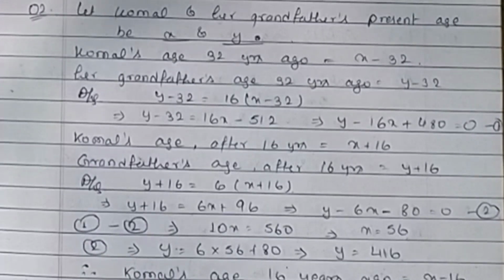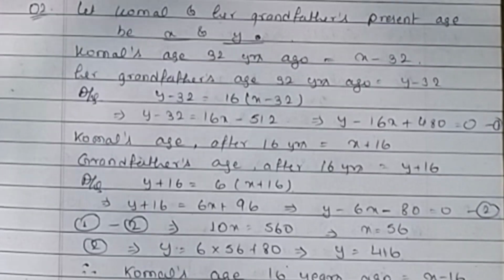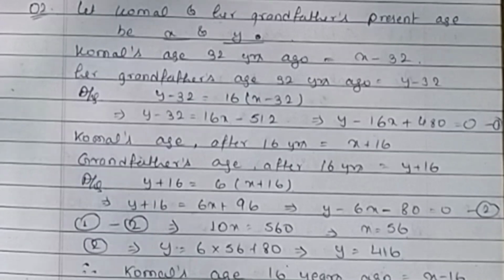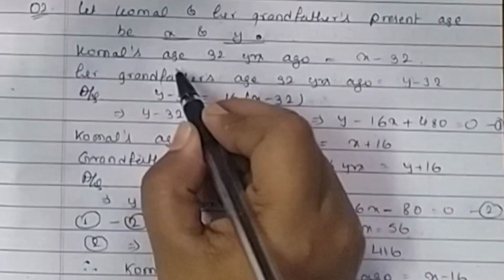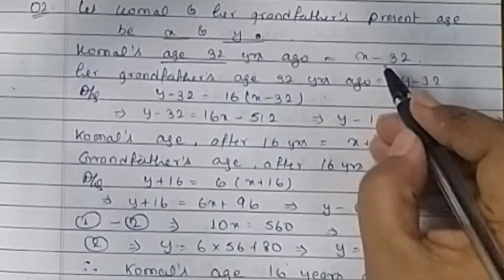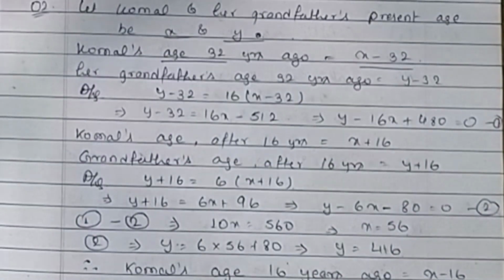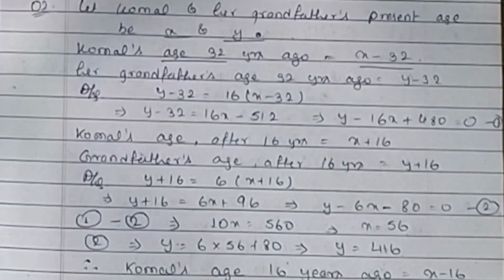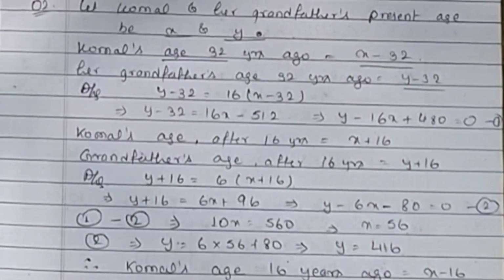To find the age of Komal 32 years ago, we have to subtract 32 years from her present age. So Komal's age 32 years ago will be x minus 32. Similarly, her grandfather's age 32 years ago will be y minus 32.